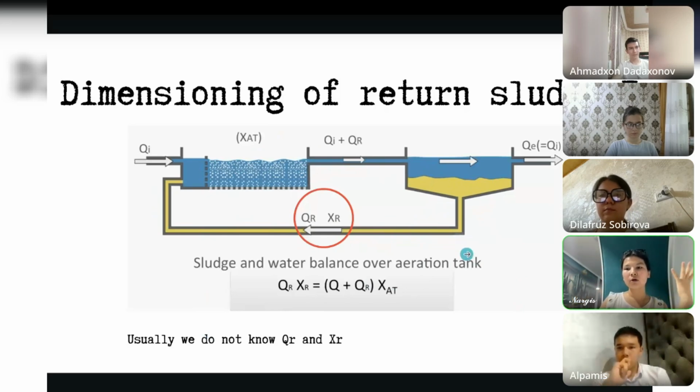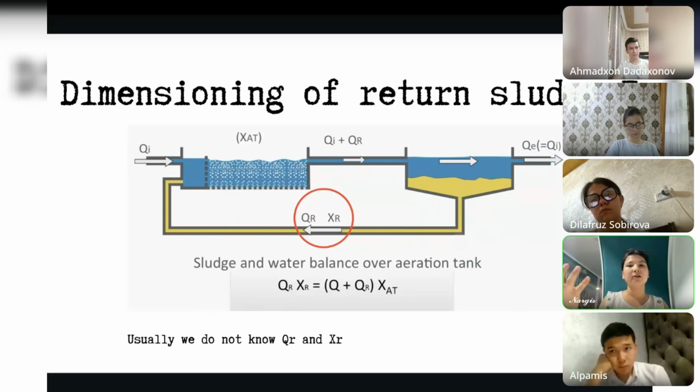So when we are doing such a problem, we have several assumptions. The first assumption is not really an assumption, in fact, it should be true. Whatever comes in, the same thing goes out. So we have QI, and the same QI should leave. If we are sending 10,000 meters cube per day, we should get those 10,000 meters cube per day back.